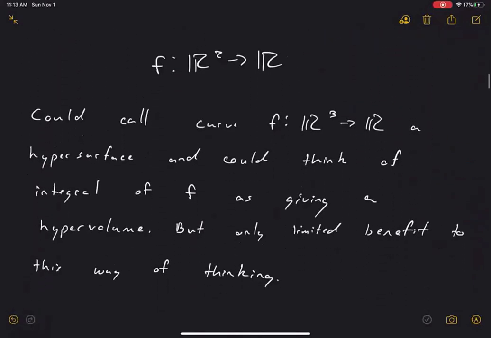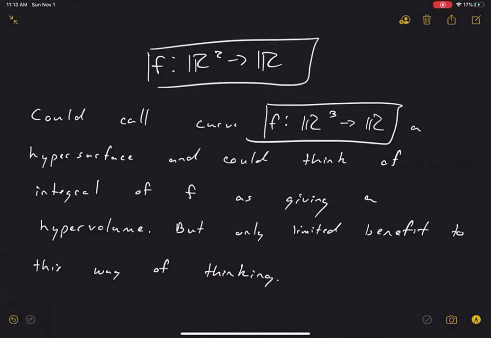We could do the same thing for R3. Instead of calling the graph a surface, we could call it a hypersurface.